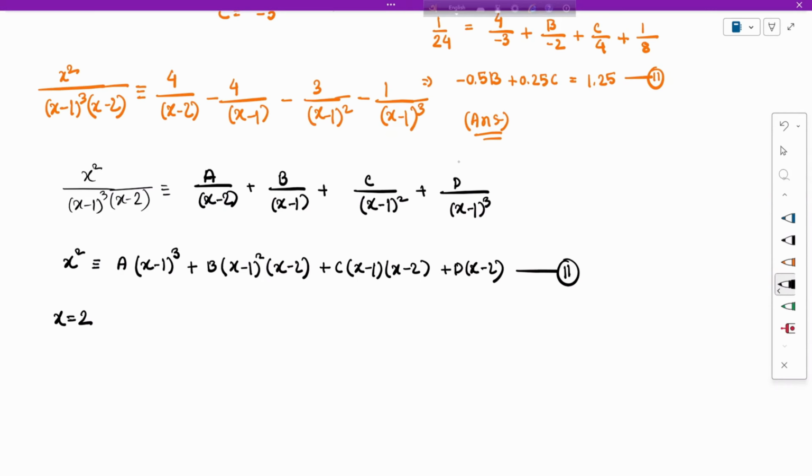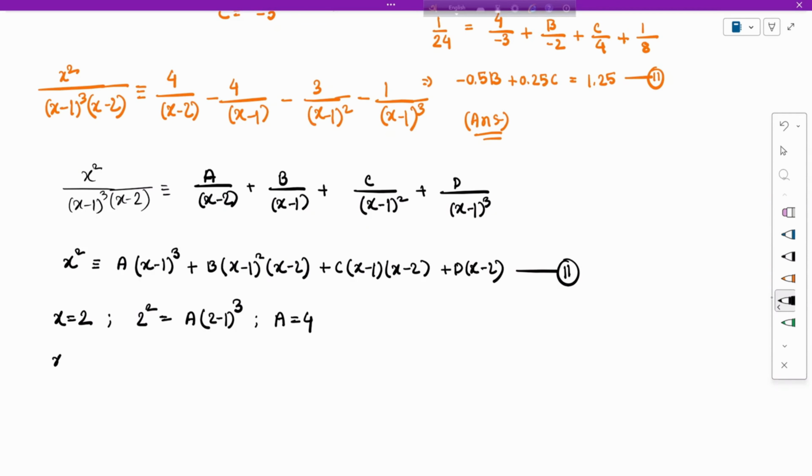If you notice the expression, in this equation there is x minus 2 here, x minus 2 here, and x minus 2 here. So if we plug in x equals 2, then this one becomes 0, this one, and this one. All these three expressions become 0, and we're left with only a, which yields that a equals 4.